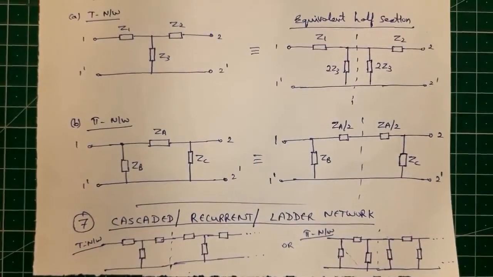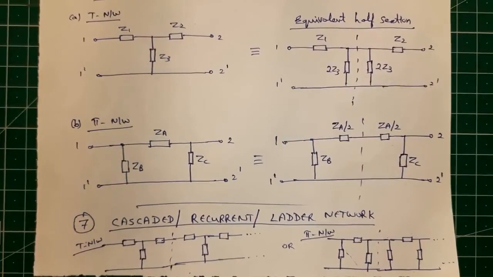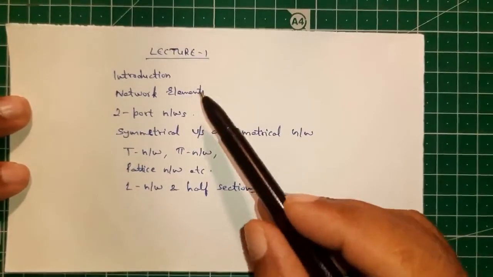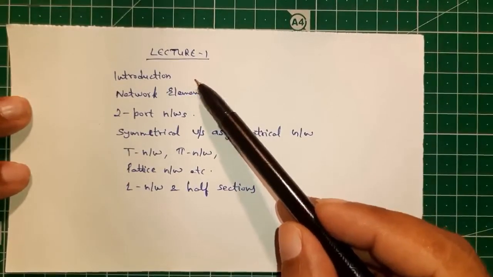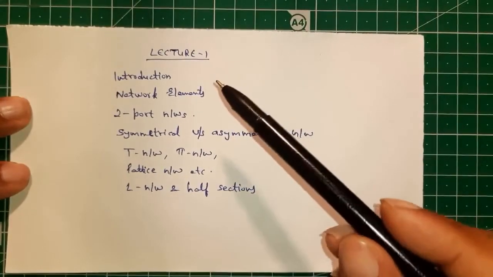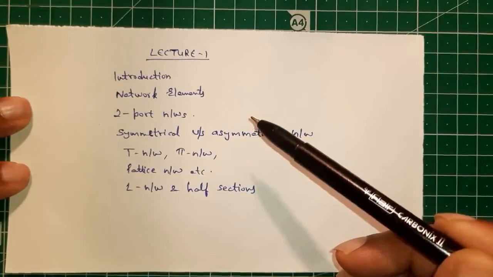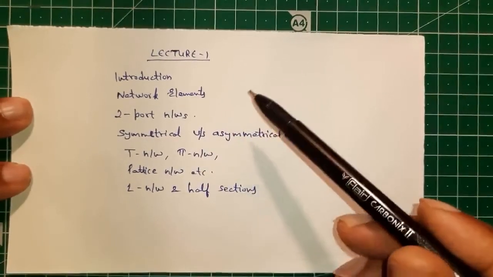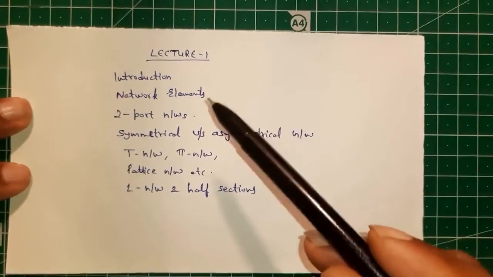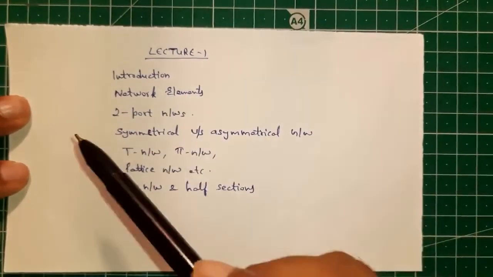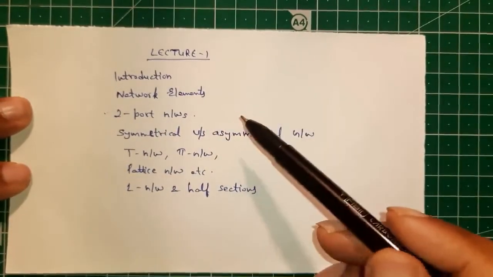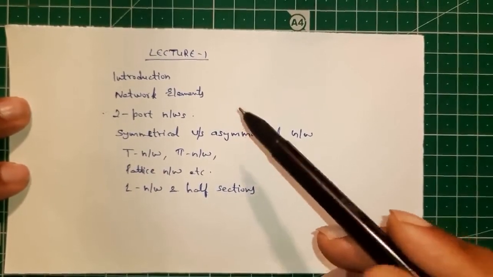So with that, we are concluding this introduction section. In this lecture, we have seen some basic introduction, that is review of what is network elements, etc. Then we have seen network types, like what is a specialty of filters, matching networks, equalizer networks, etc. Then we moved to the review of two-port networks, like how many parameters we can define for an n-port network.